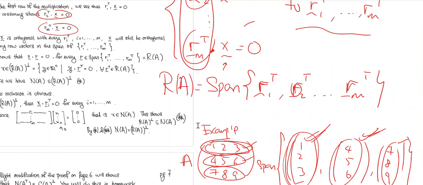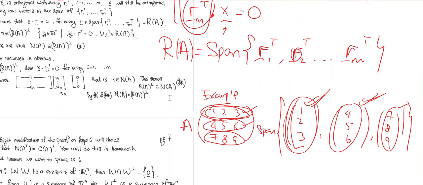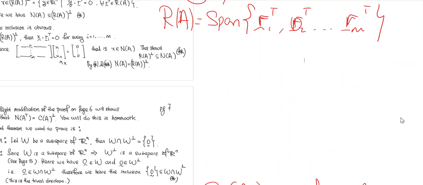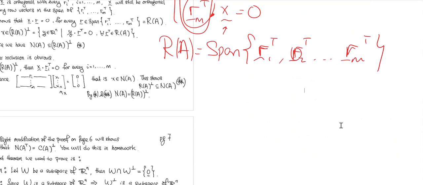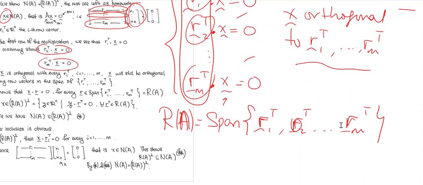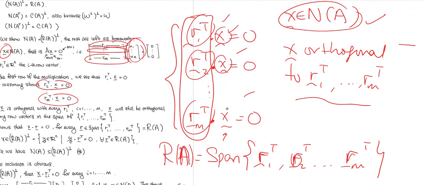So the span of all these row vectors transposed is still going to give you the row space of A. If you still don't quite believe it, just play with some examples and you will see it. So X is orthogonal to all these components, right?